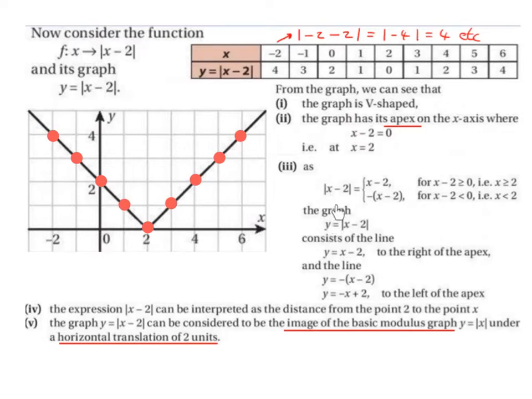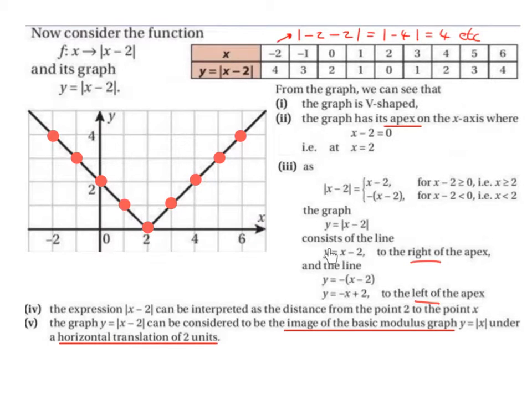The graph y equals the modulus of x minus 2 consists of the line y equals x minus 2 to the right of the apex, and the line y equals minus times x minus 2. Minus by x is minus x, minus by minus 2 is plus 2, so we get y equals minus x plus 2 to the left of the apex.